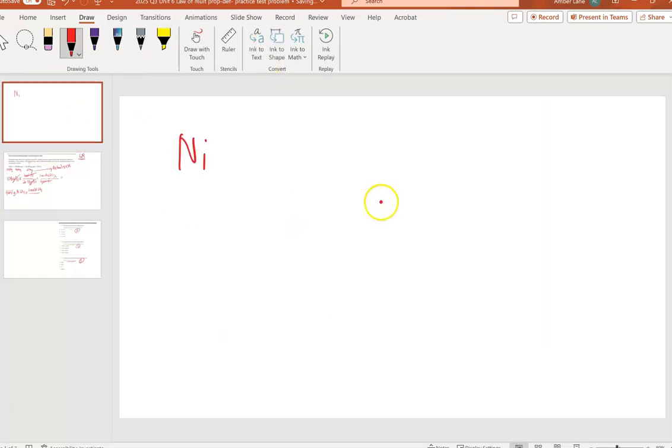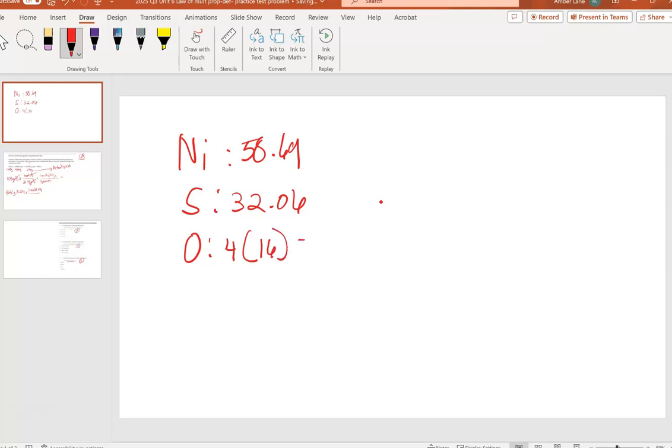I've got nickel, I have sulfur, I have oxygen. Nickel's molar mass is 58.69. Sulfur is 32.06. We have 4 oxygen atoms, all at 16. So the first thing I'm going to do is 4 times 16 is equal to 64.